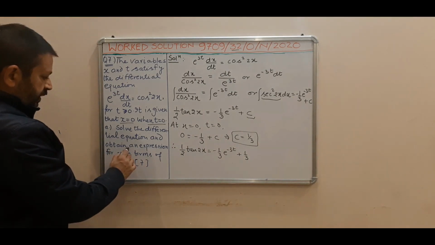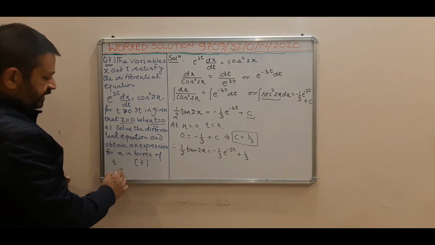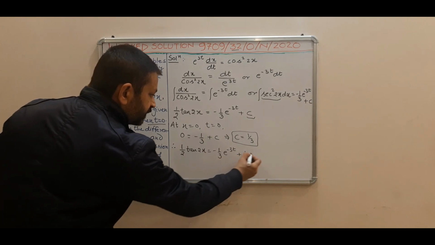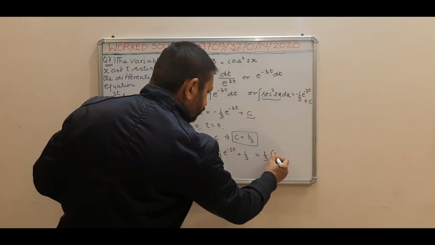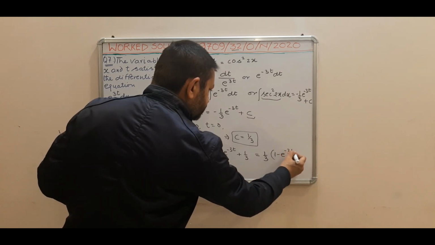We need an expression for x in terms of t. So we can write it as 1 by 3 we can take common. It will become 1 minus e to the power minus 3t.